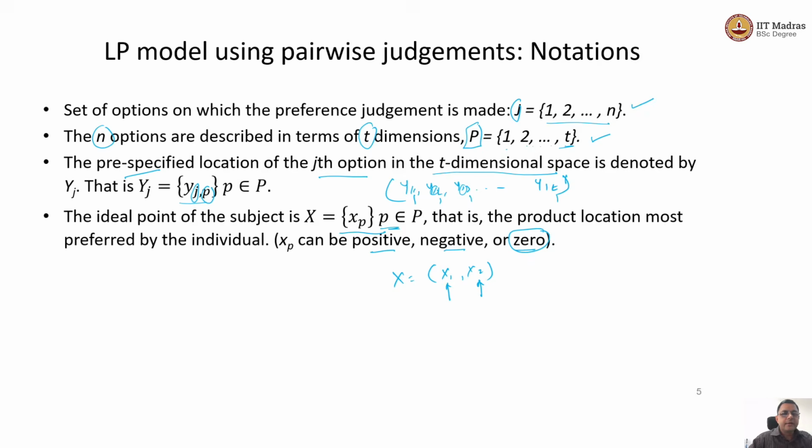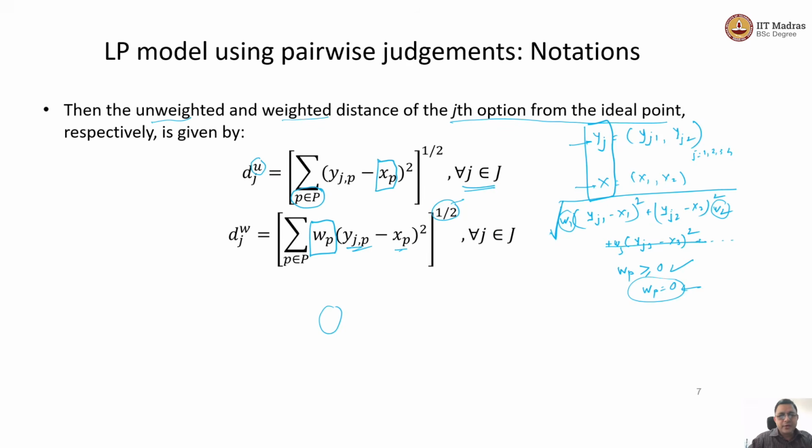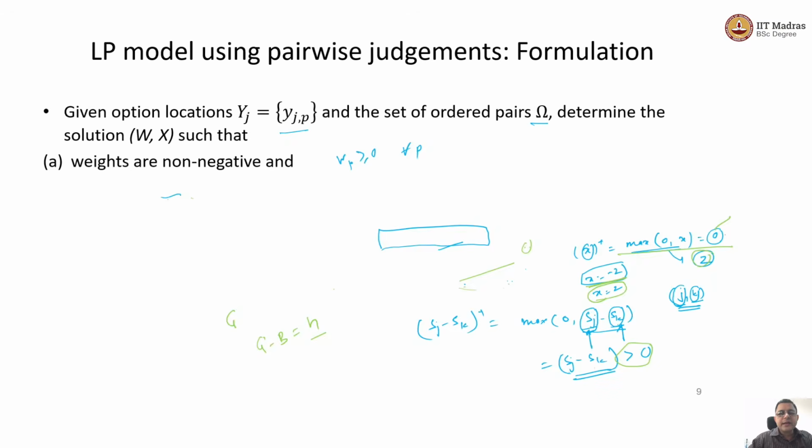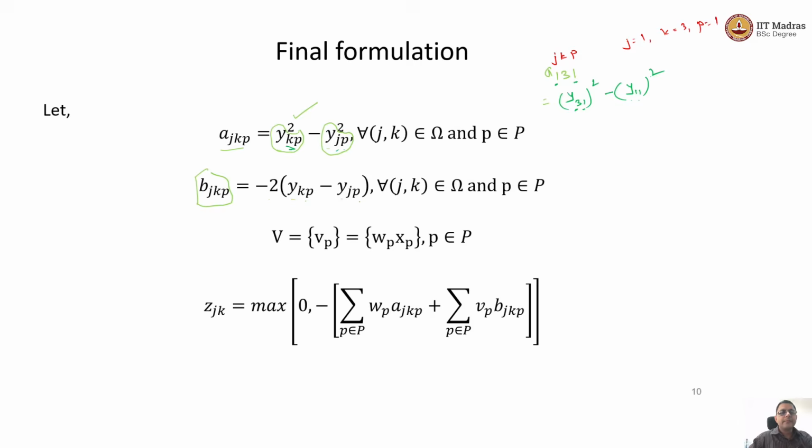That is how you define these y's. We already knew this, but we use that now in the calculation for AJKP. So this was my 2.3 squared minus 1.5 squared, and that's how you will calculate AJKP for each attribute, for each pair JK.